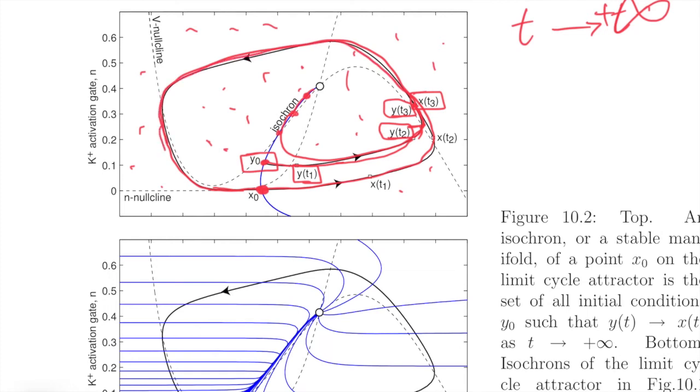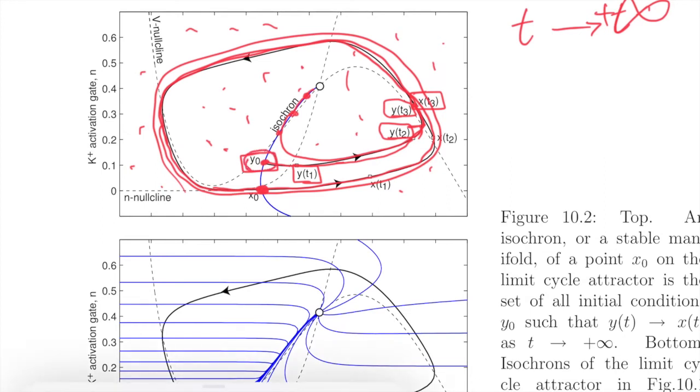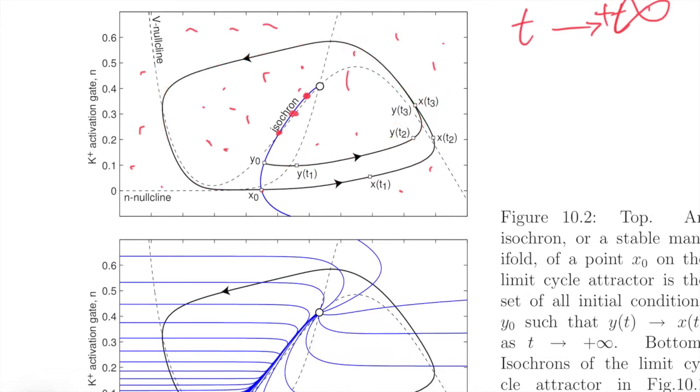And then it is always just repeating on this limit cycle. So this y0 here corresponds to this x0 here, right? Y0 corresponds to x0.